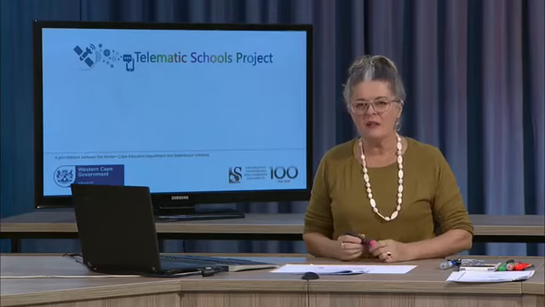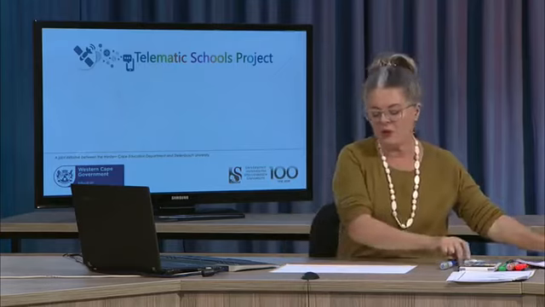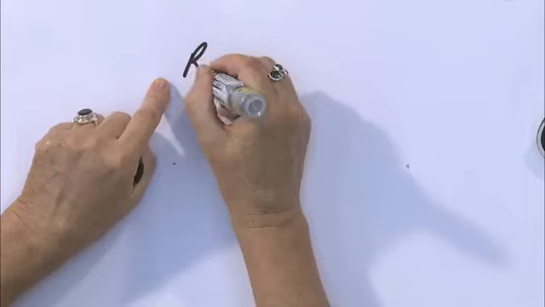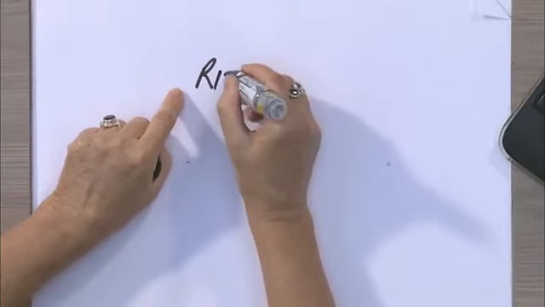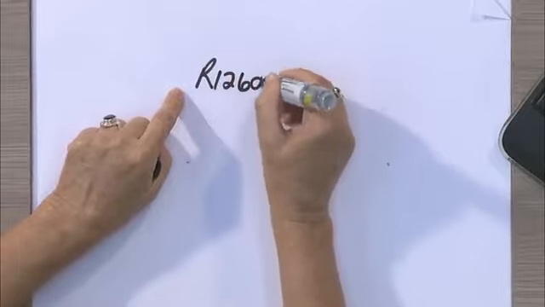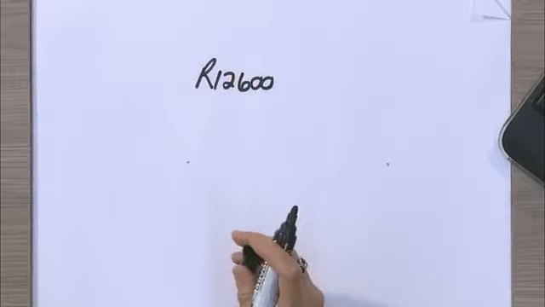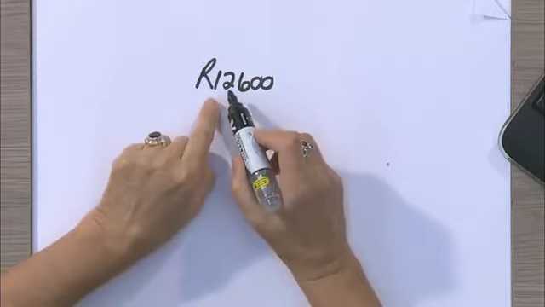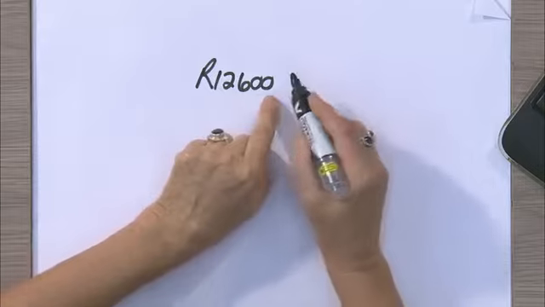Now, if the sales department is 25% and the factory is 75%, the following applies, and you'll be doing that all over the place while doing an accounting paper. You take the rand value, in this case 12,600. Now this goes for break-even point, sales, cost of sales, gross profit, anything. You have been given this.